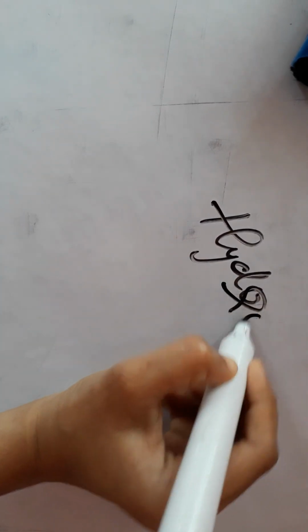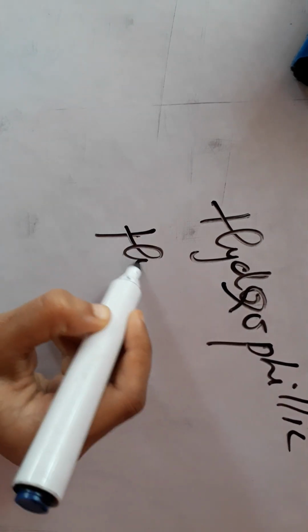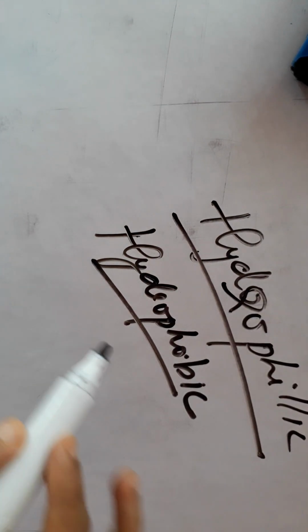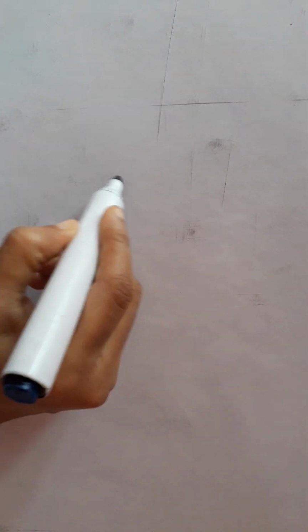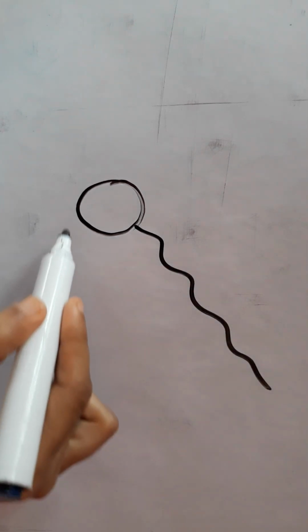We have learned two terms, that is hydrophilic and hydrophobic, isn't it? If we draw a soap molecule, see, I'm going to draw a soap molecule. We don't see it in this way, no?